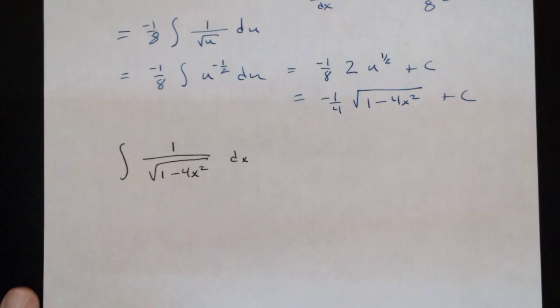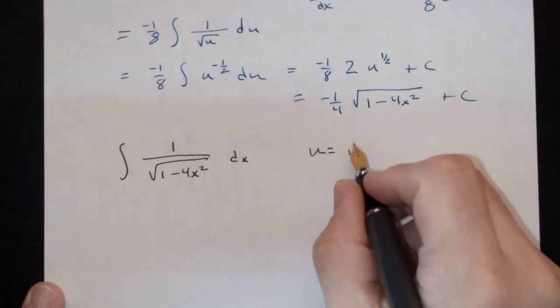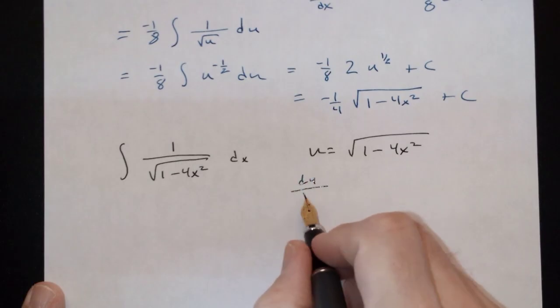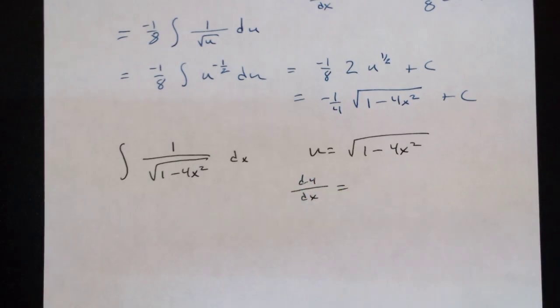If I let u be the whole root, what's the derivative of that? That's a chain rule problem in and of itself, right?